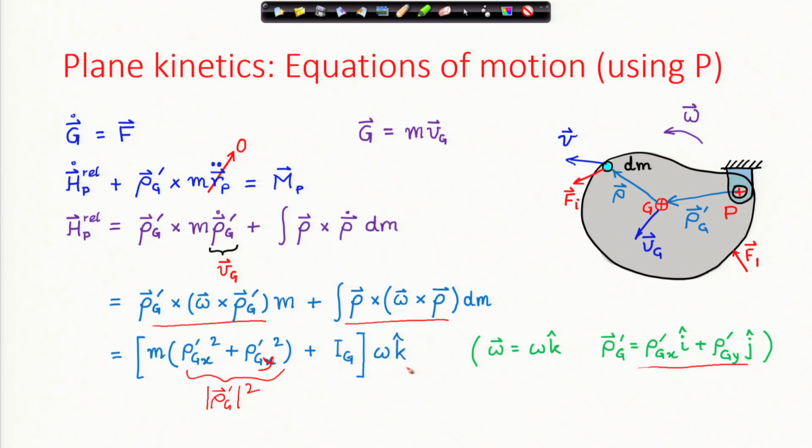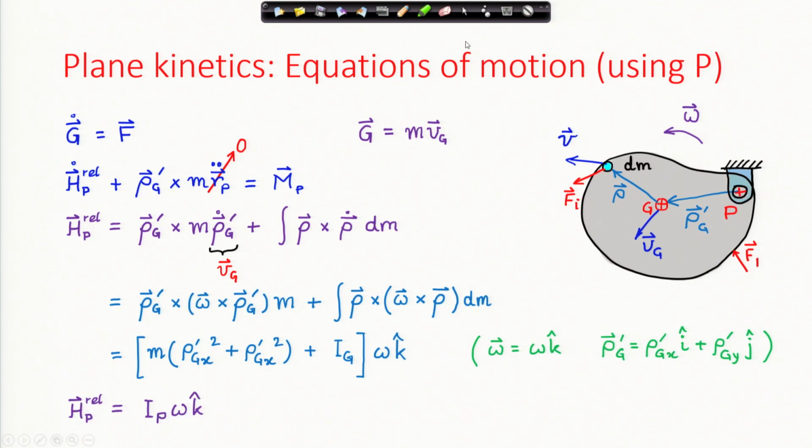I have pulled out omega. The first term also will give me omega, the second term will also give me omega, that I have pulled out. What is there in the square brackets is nothing but the moment of inertia about G plus the mass of the body times the distance square, and therefore, this bracketed quantity is nothing but the moment of inertia of the body about P, and that is the expression of H P rel.